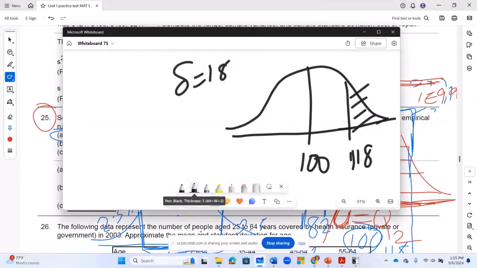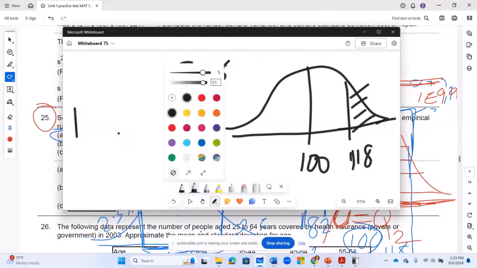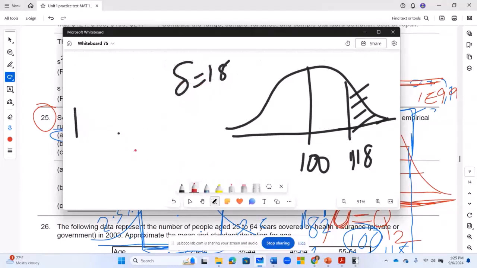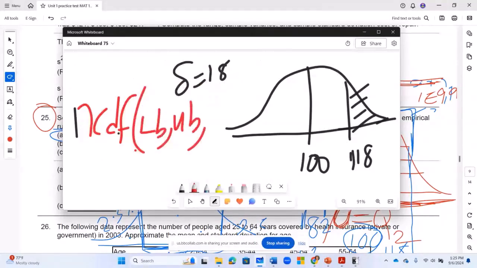And the function is normal CDF: lower bound, upper bound, mean, standard deviation. Let me just write the standard deviation here.